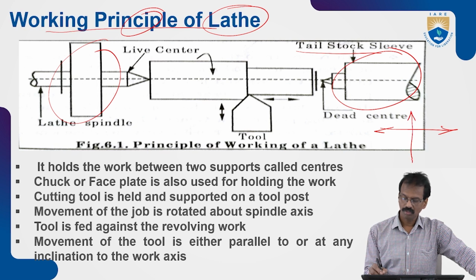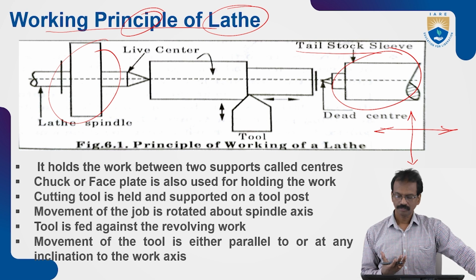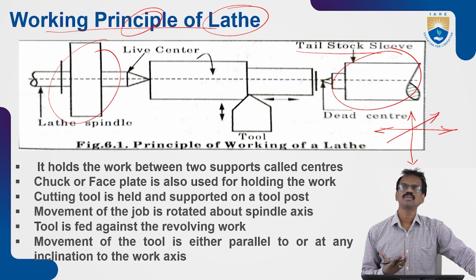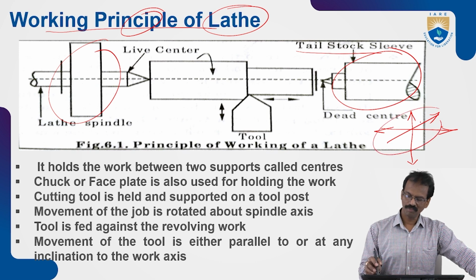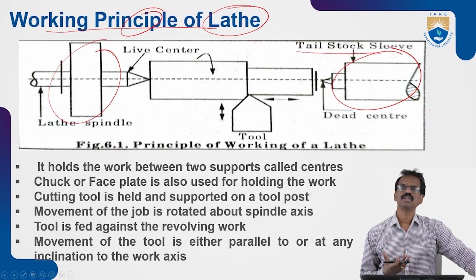With the help of the cross slide, we can move the tool bit vertically. With the help of the compound rest, we can move the tool angularly also. That is the main purpose. By the help of the carriage, we can feed the tool against the workpiece.